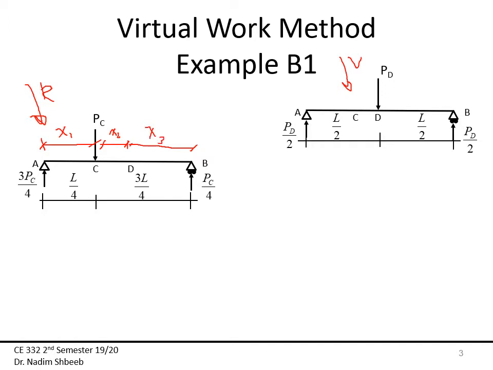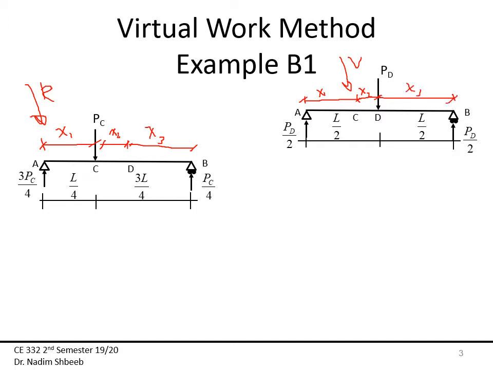Since the virtual system and the real system must have the same origins, the same limits, even the same sense of positive moment or positive shear, this will also be defined as X1 right there, then another X2 over here, and then this is my X3.